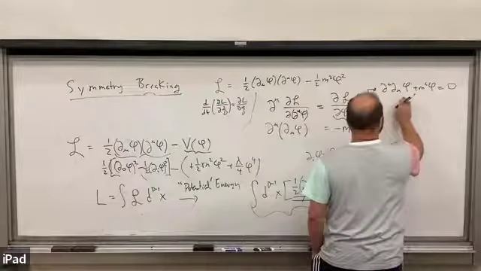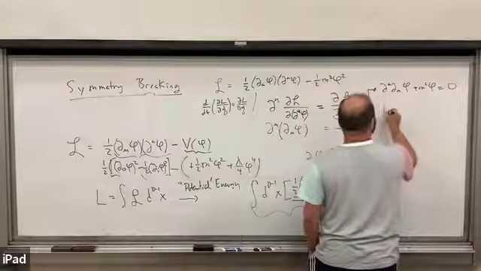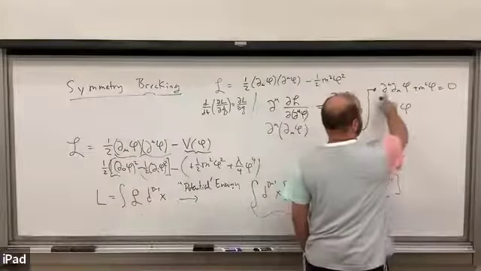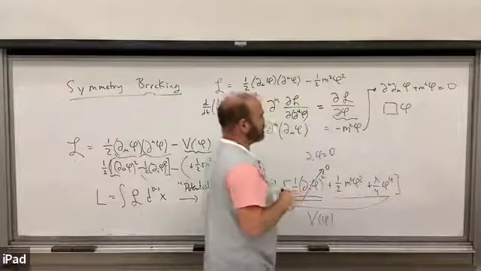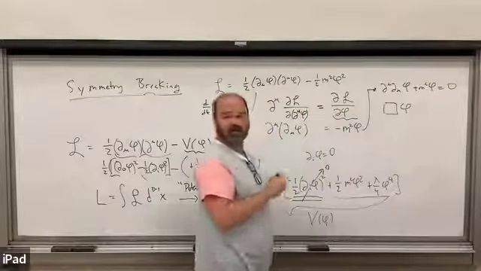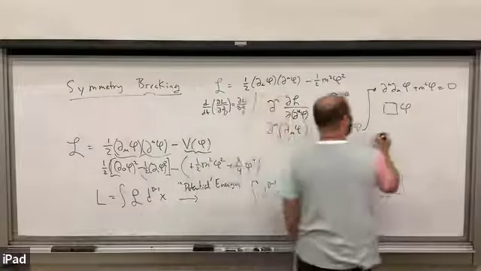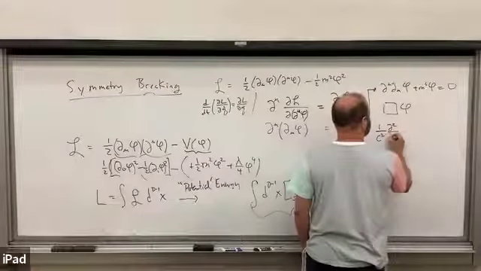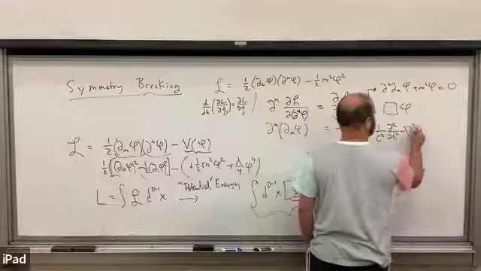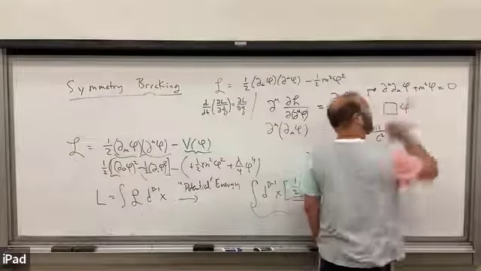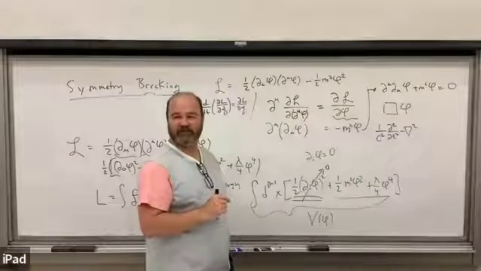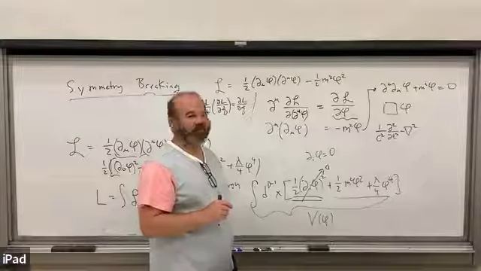And then this is often written as box. The reason it's written as box is that this is sort of a generalization of the Laplacian, and this is the D'Alembertian. So basically it is the Laplacian minus 1 over c squared d squared by dt squared. That's essentially the wave equation. I might have a sign wrong here. Am I missing a sign? Damn it. The sign might be opposite.